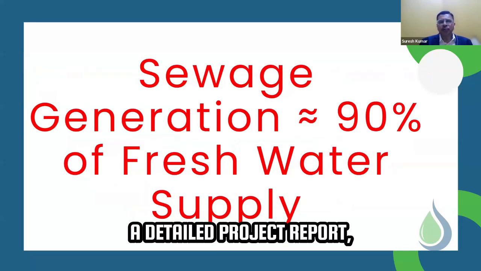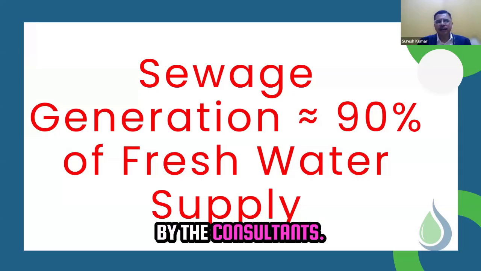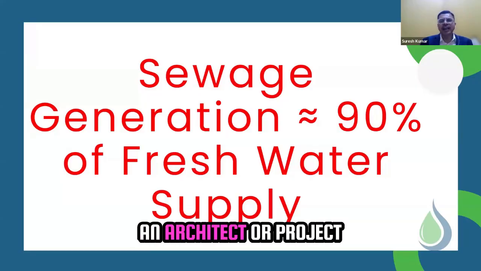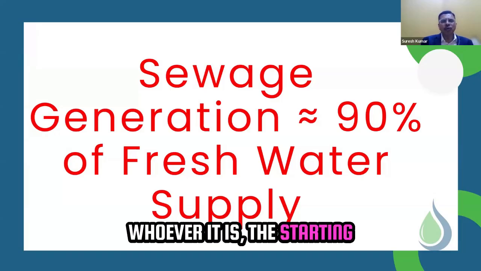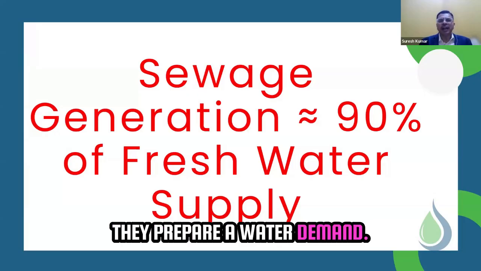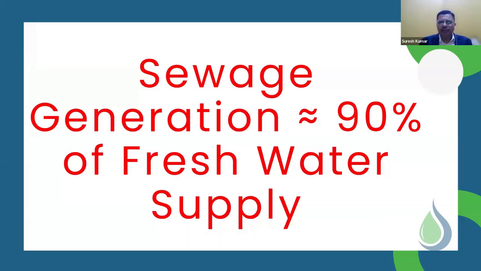A detailed project report, DPR, is prepared by the consultants. It could be an MEP consultant, an architect, or a project management consultant, whoever it is. Along with the building, they prepare a water demand, that means how much water is required for this project.